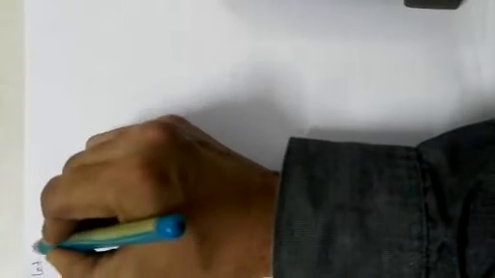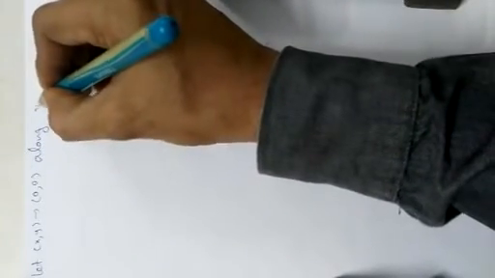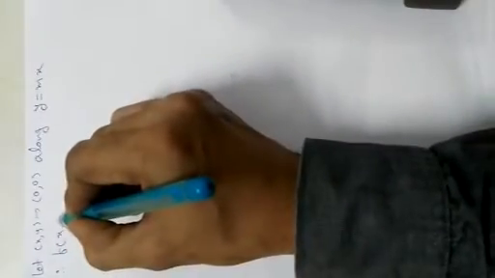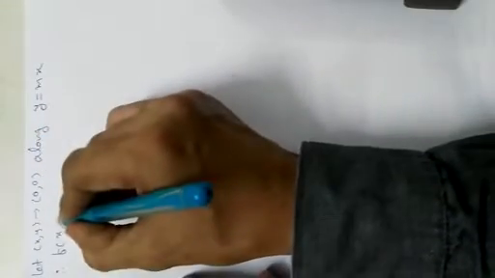Let xy tend to 0 0, that is the origin, along y is equal to mx. Therefore the function becomes f of x mx, we put y is equal to mx.